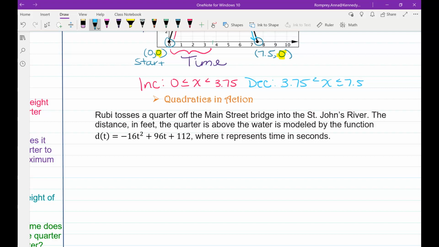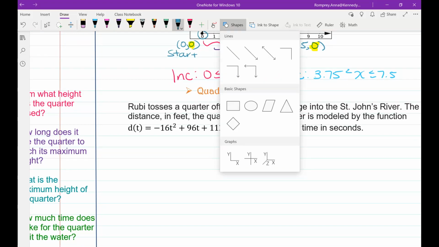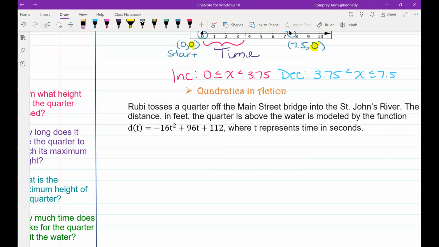All right, makes sense. However, I am still going to give myself a little visual aid.